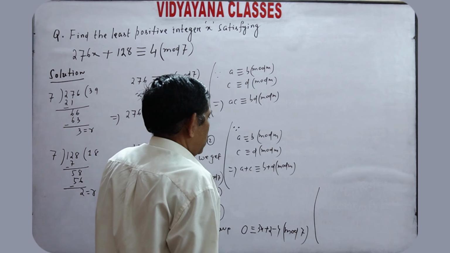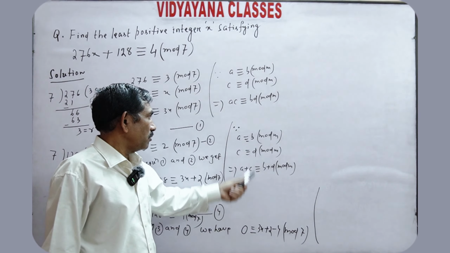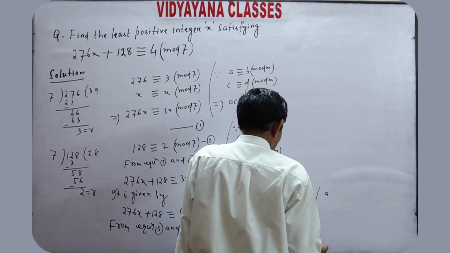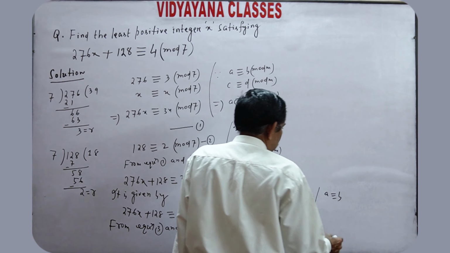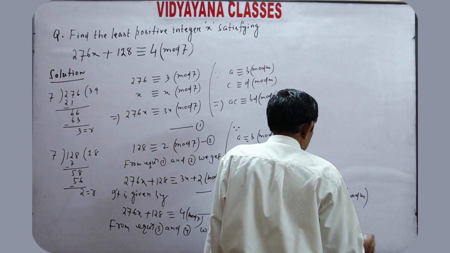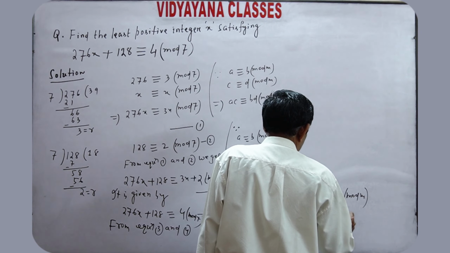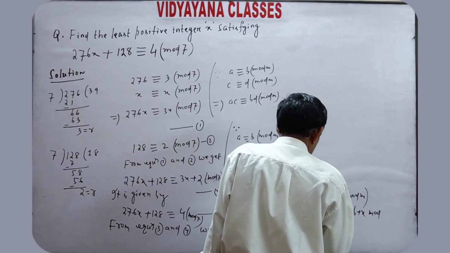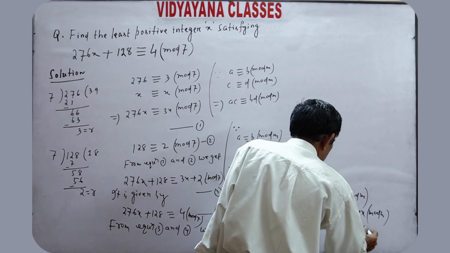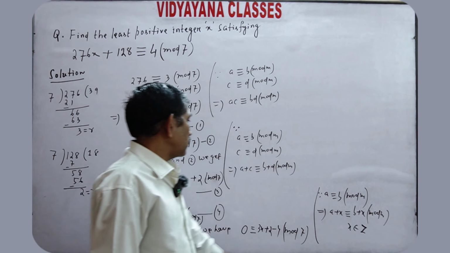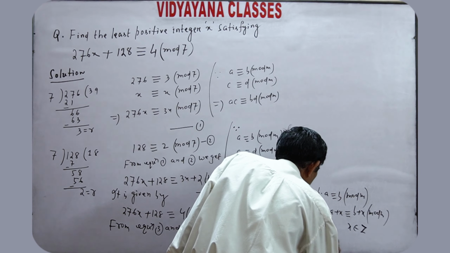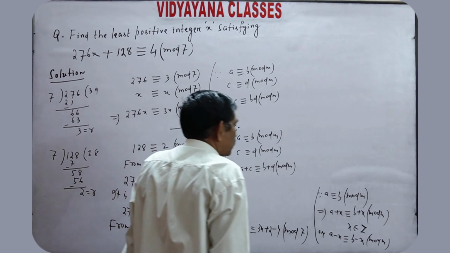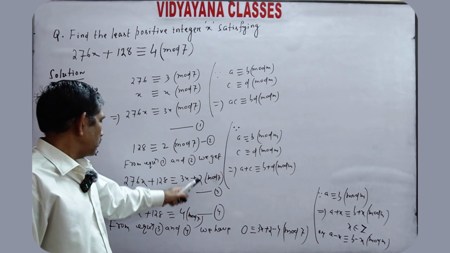These are the properties of congruence modulo, which we discussed in the previous class. a congruent to b mod m implies a plus x congruent to b plus x mod m, where x belongs to Z, or a minus x congruent to b minus x mod m, where x belongs to Z. So this minus this is congruent to this minus this.